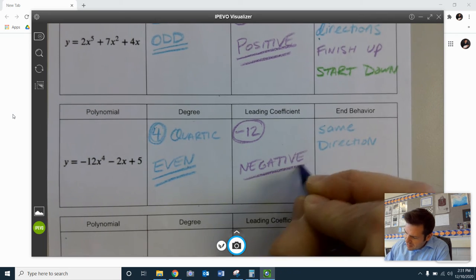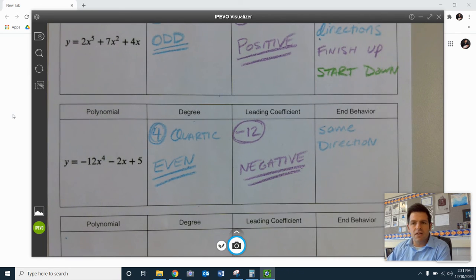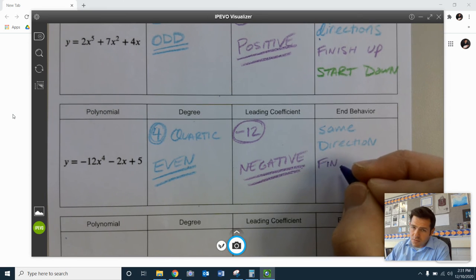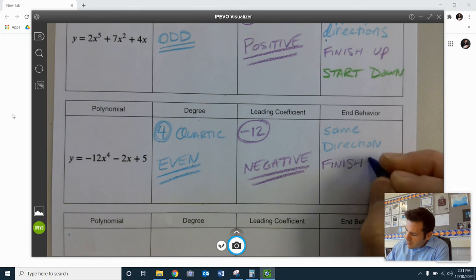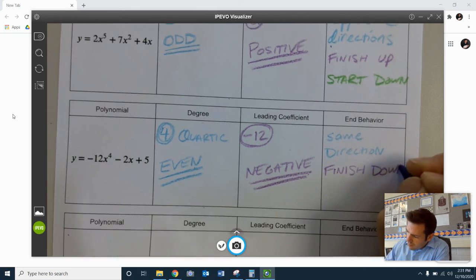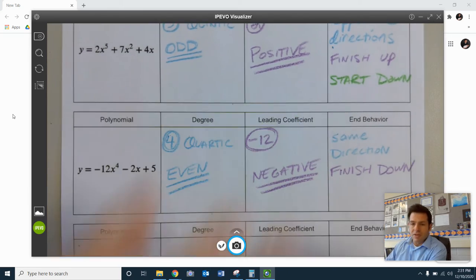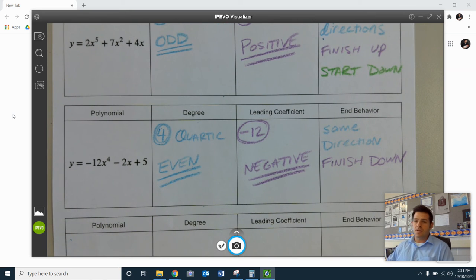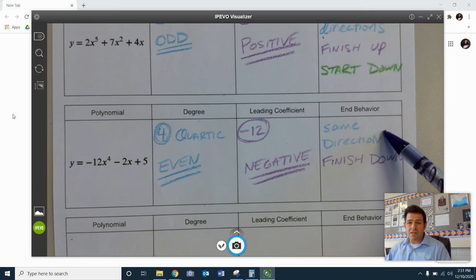And if I have a negative leading coefficient, what that means is that my picture is going to finish up going downwards. So when we're on the right side of the graph, because we read left to right, our picture would be diving downwards. Now, to make the connection to the start point, they're traveling in the same direction.